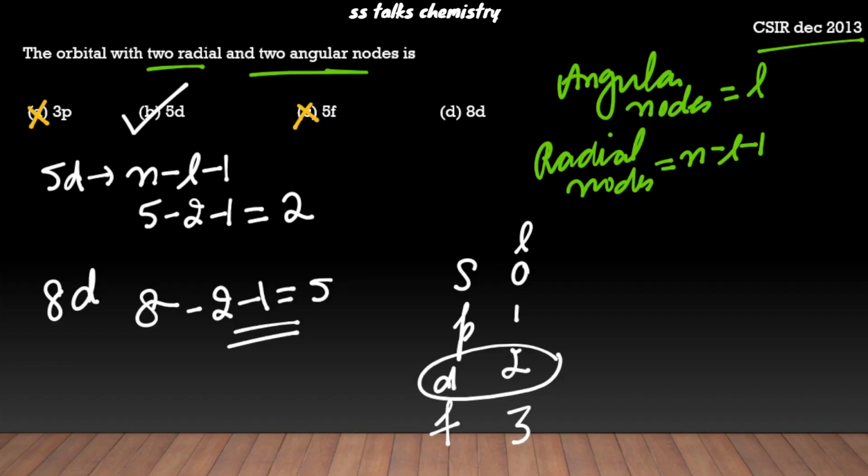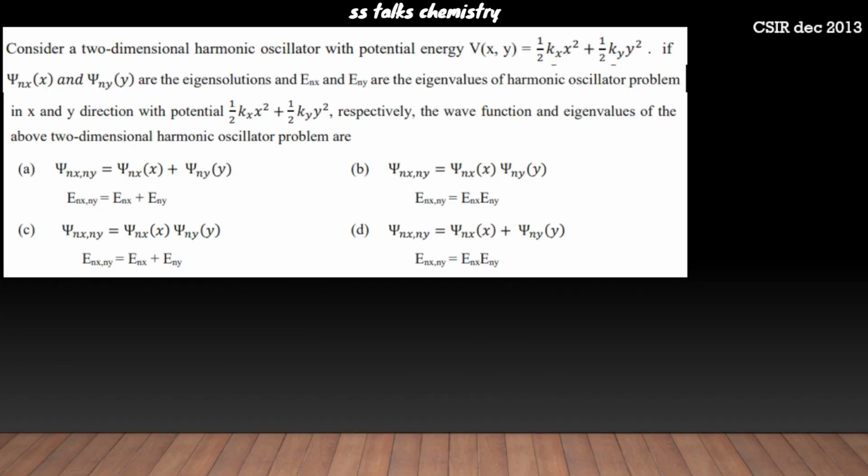Okay. Next, this question now. It says consider the two-dimensional harmonic oscillator with the potential energy values as this. If psi n x and psi n y are the eigen solutions and the energy values are the eigenvalues of the harmonic oscillator problem in the x and y direction with the potentials half k x square plus half k y square respectively, the wave function and the eigenvalues of the above two-dimensional simple harmonic oscillator is going to be.